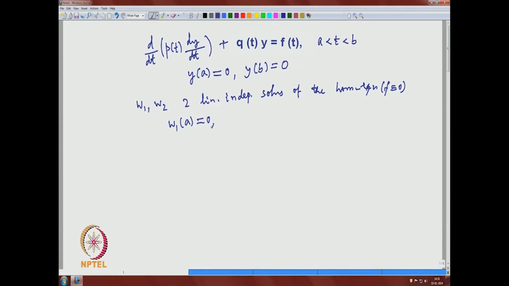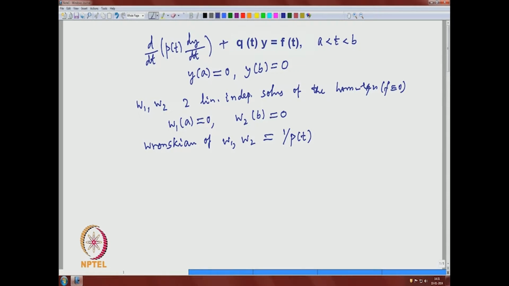So, one of them satisfies the boundary condition at one end and the other one at the other point b. We also normalized w1 and w2, so that the Wronskian of w1, w2 is equal to 1 by p(t).